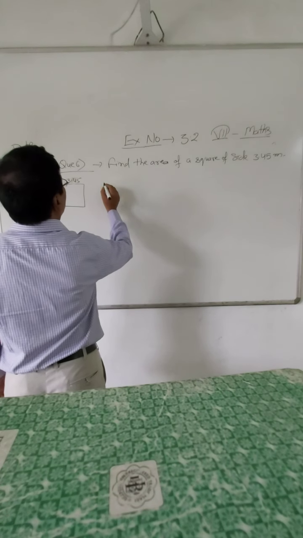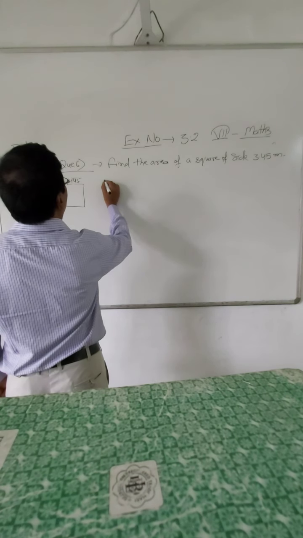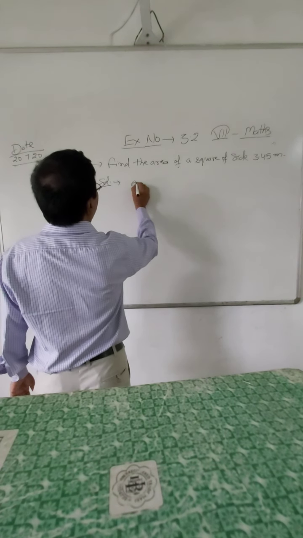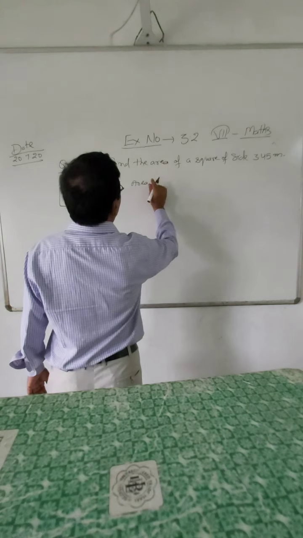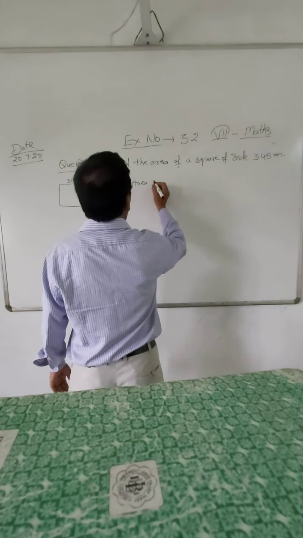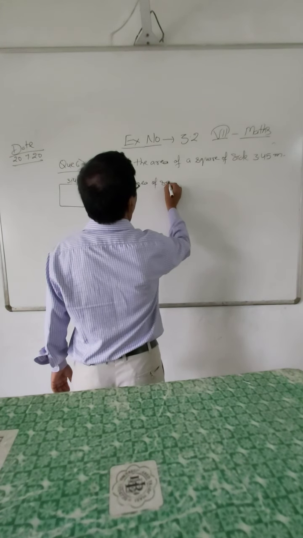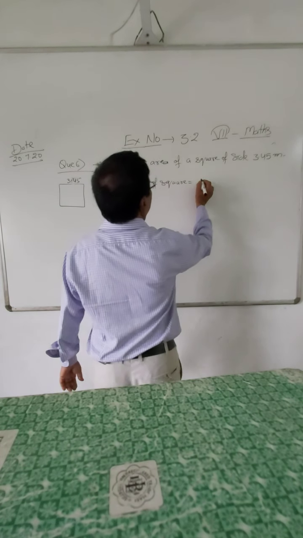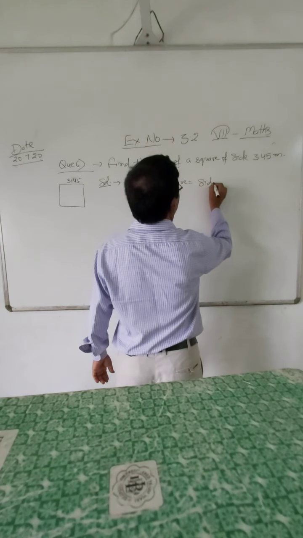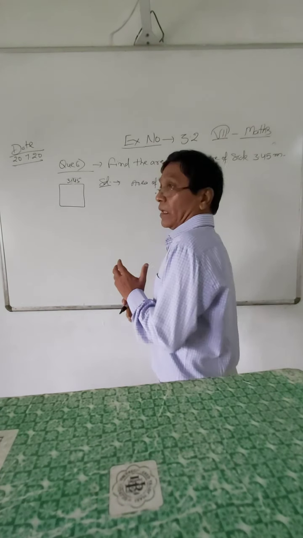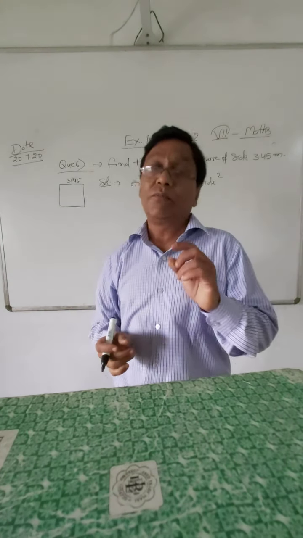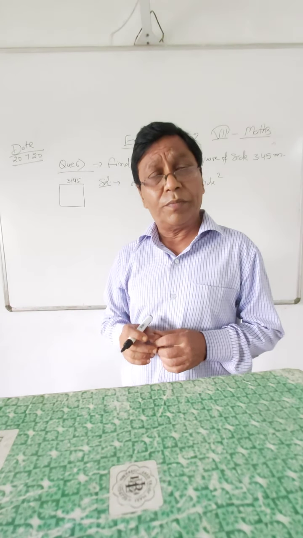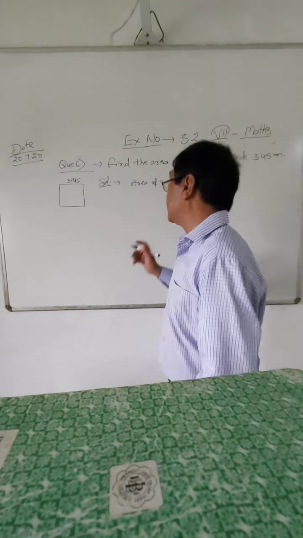So, area. Now what is in the solution? Area of square, you know the formula. Area of square is equal to side square. If we know the side of a square, all four sides are equal, so we can find the area with this formula.